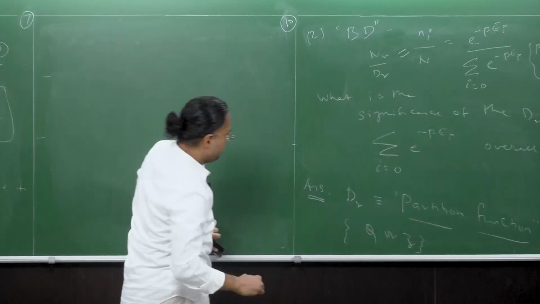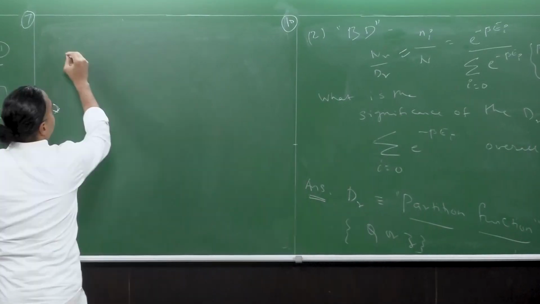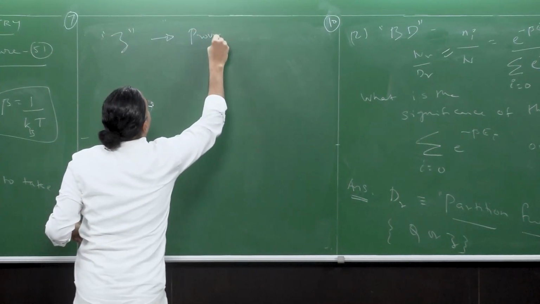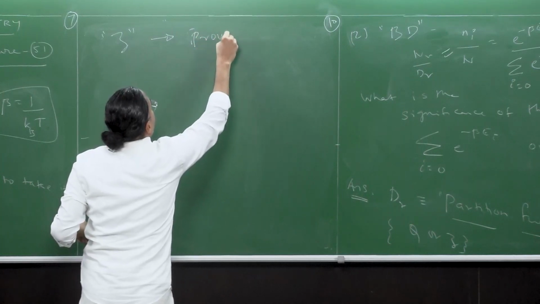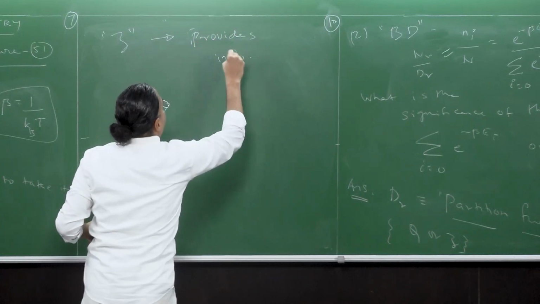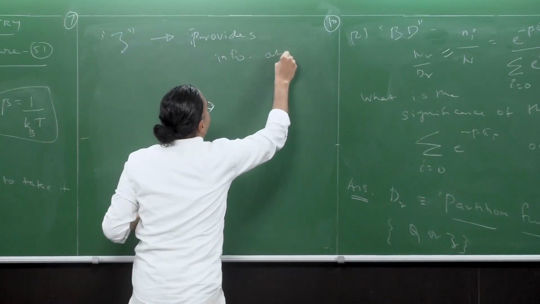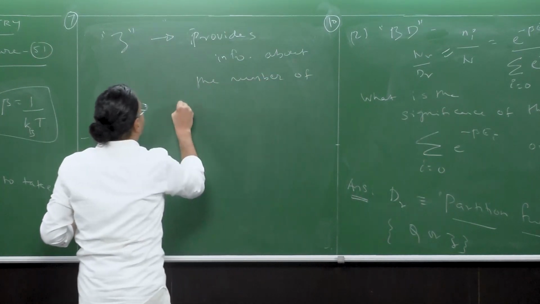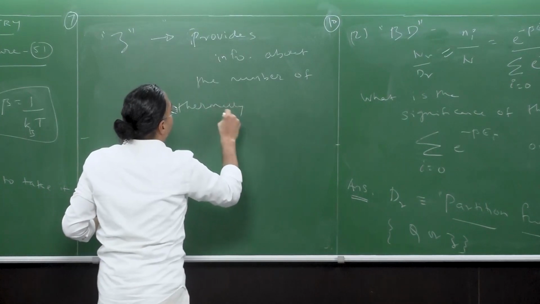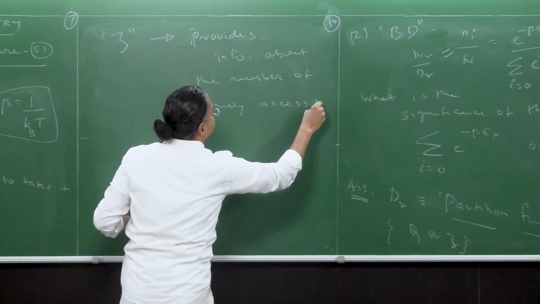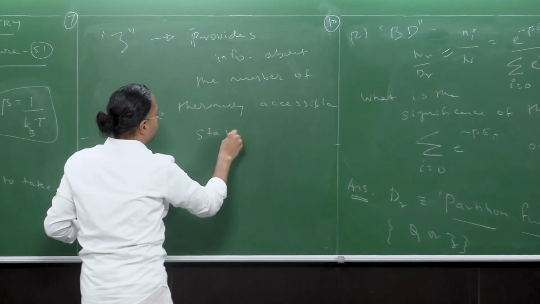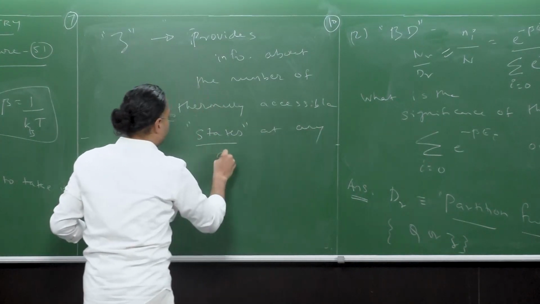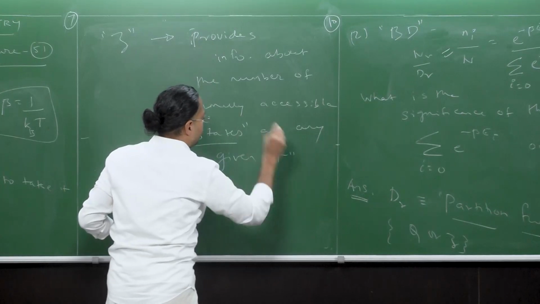What does it signify? The significance of the partition function Z is that it provides information about the number of thermally accessible states at any given temperature, okay, right?